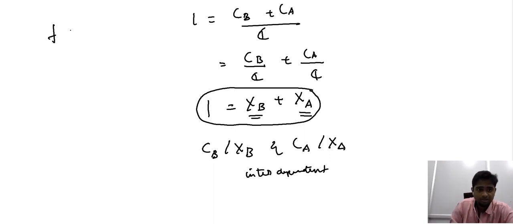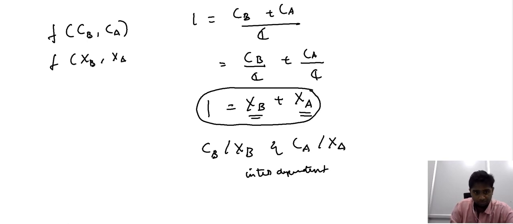Therefore the function that we originally perceived to be a bivariate one, governed by the concentration of base metal and the concentration of the alloying element, can subsequently be written as governed by the mole fraction of the base metal and the mole fraction of the alloying element.